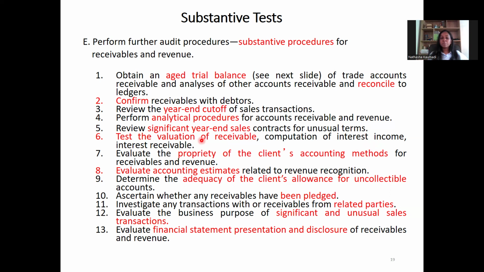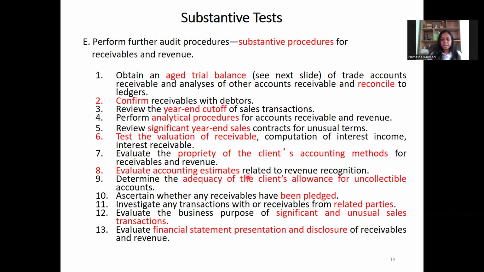Expected credit loss computation, ECL computations. So you have to test the valuation after redoing everything. If you are redoing the ECL computation, that is recomputation. And evaluate the propriety, the appropriateness, of the client's accounting method for receivables and revenue, whether they have done it as per the accounting standards.